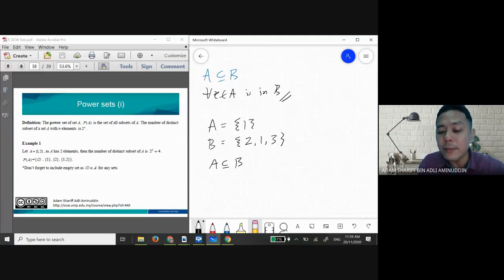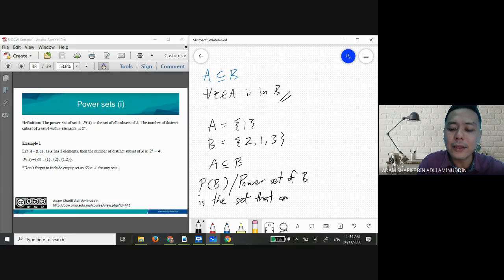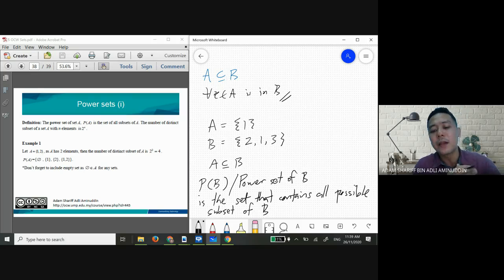The thing about the power set is that how many elements like A that should be in B. PB or power set is the set that contains all possible subset of B. You see?